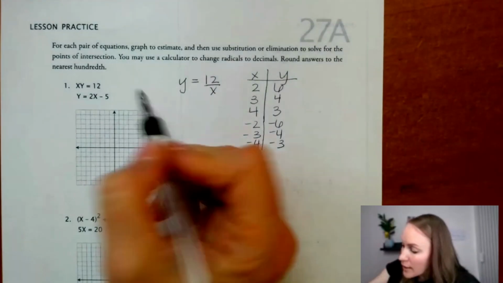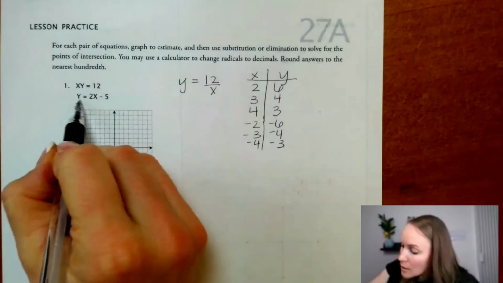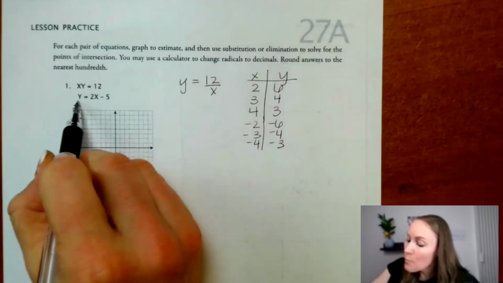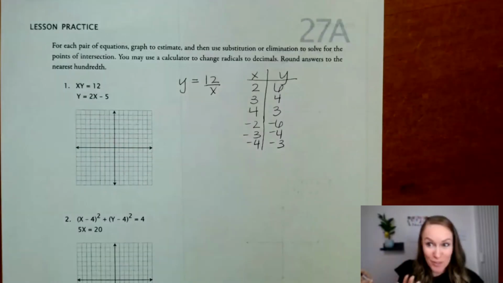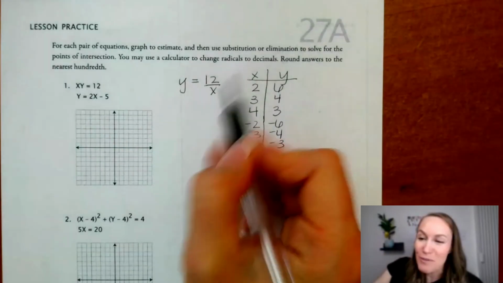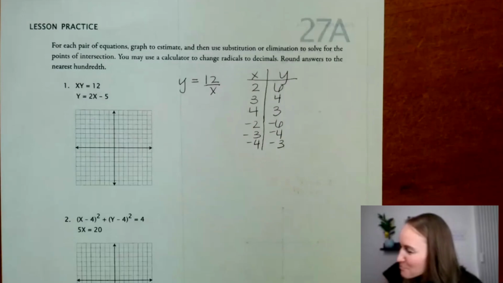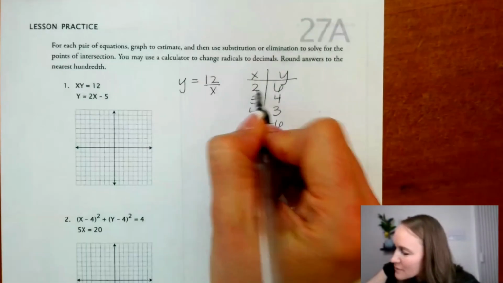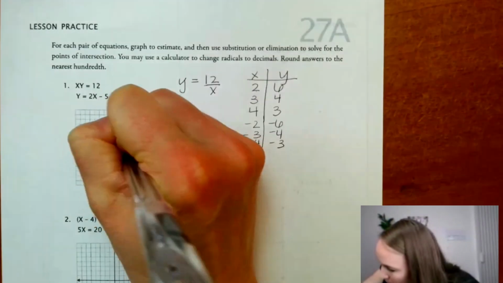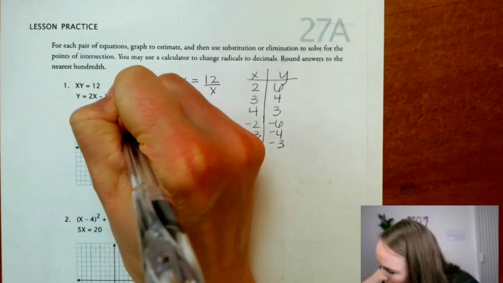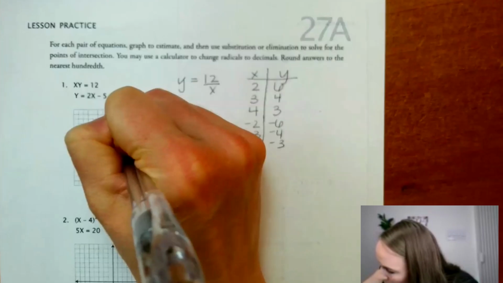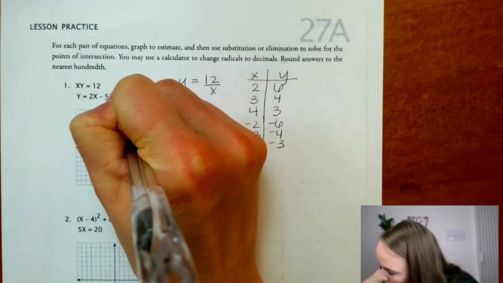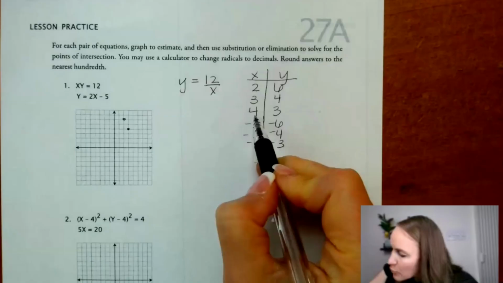Now I see that my second equation is the y equals mx plus b. Those are super simple to graph. So let's just graph this one first, and then we'll graph that one. Okay, I have +2, +6. And then I have +3, +4. And then I have +4, +3.